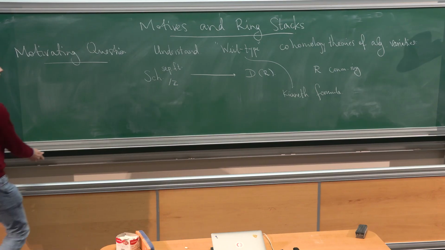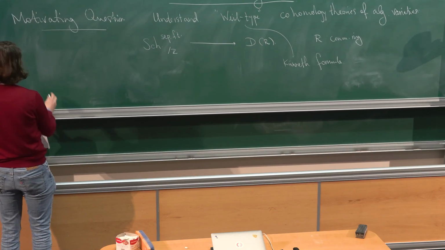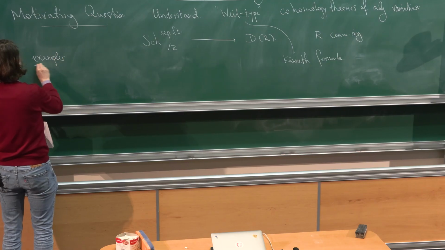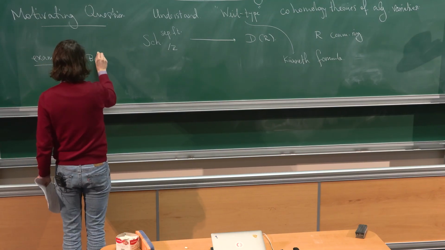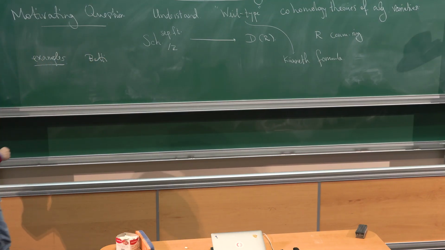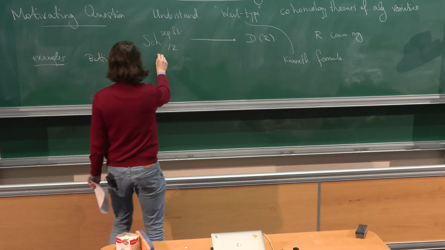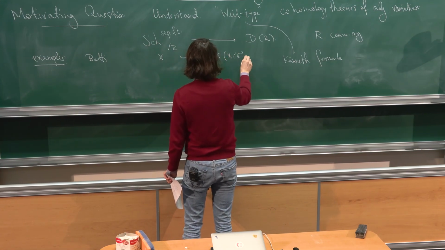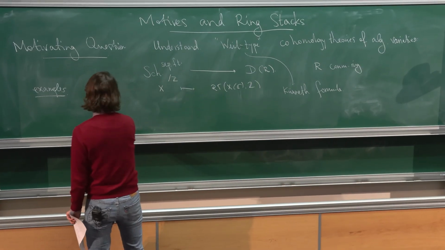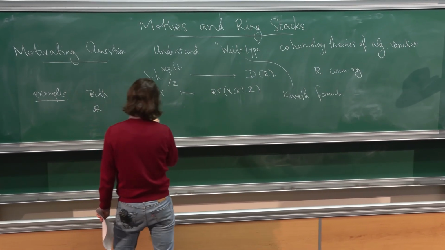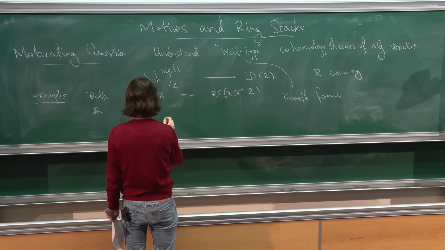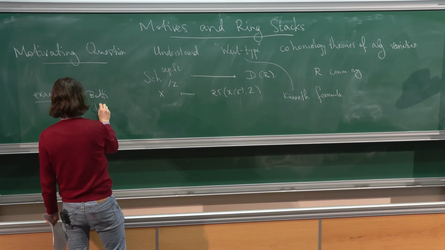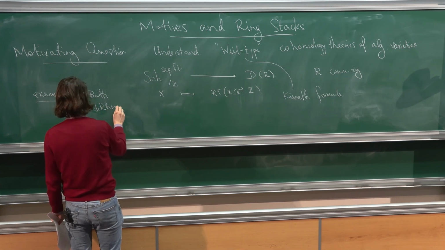So what are the examples we know and love? There is Betti, which is the singular cohomology of the complex points. There's de Rham, where maybe you should assume X is smooth, and maybe in characteristic 0 to make it well behaved.